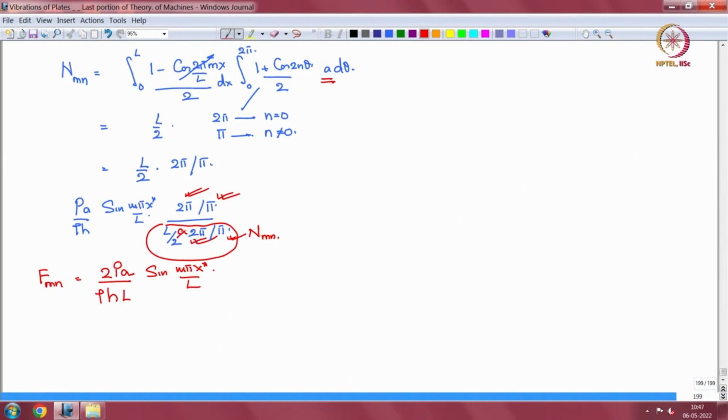So this A cancels with that A, and this A goes away. Let me mark this. This is my Fmn for the cylinder.